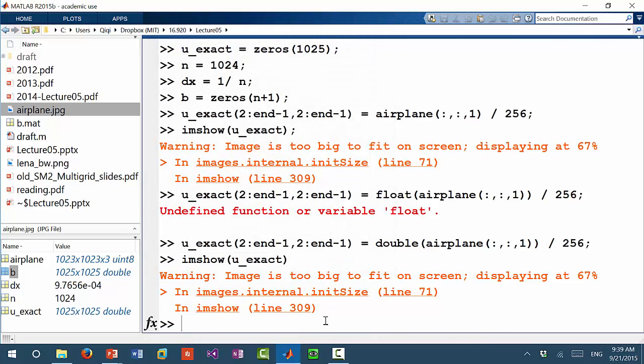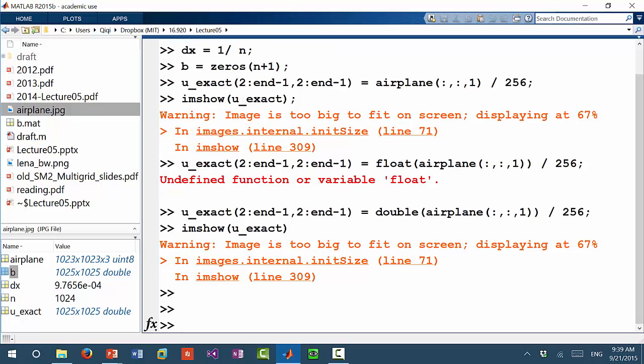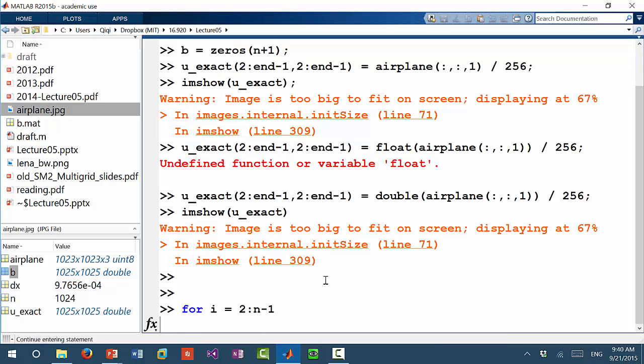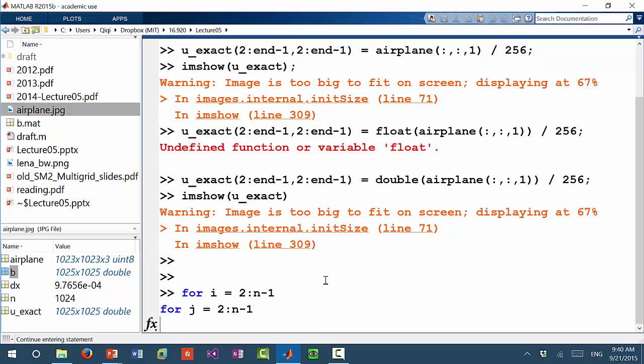I have my U exact, then I'm ready to compute B. I already defined B as a zeros array. So for i equal to 2 to n minus 1, for j equal to 2 to n minus 1, B of i,j should be equal to U of i,j minus 1, plus U of i,j plus 1, plus U of i plus 1,j, plus U of i minus 1,j, minus 4 times U of i,j.